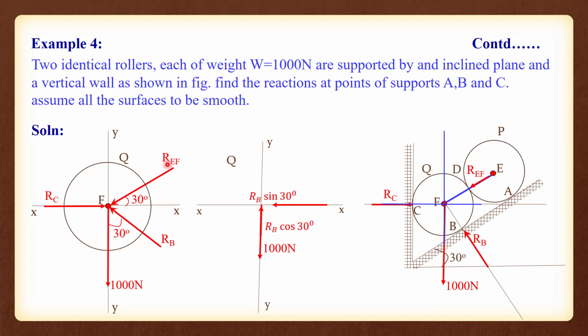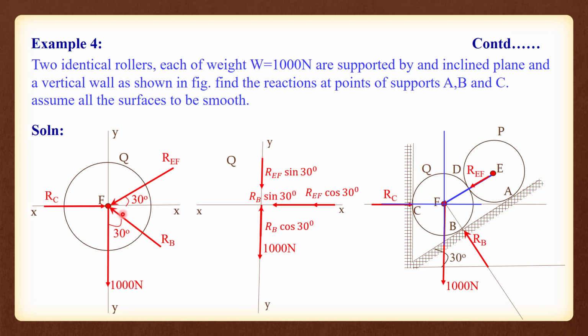Now we will take REF. Again, we can resolve this force into two components: a horizontal component acting along this axis and a vertical component acting along this y-axis. The horizontal component will be REF cos 30 acting towards left, and the vertical component will be REF sin 30 acting in the downward direction. I have marked that force also.